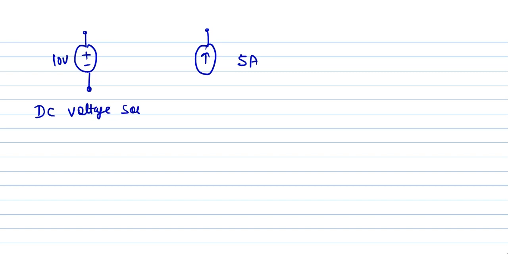In circuit, the source is represented in this manner. Here the voltage magnitude is 10 volt and here the current magnitude is 5 ampere. So this will be called as the DC voltage source. And here this will be called as the DC current source.